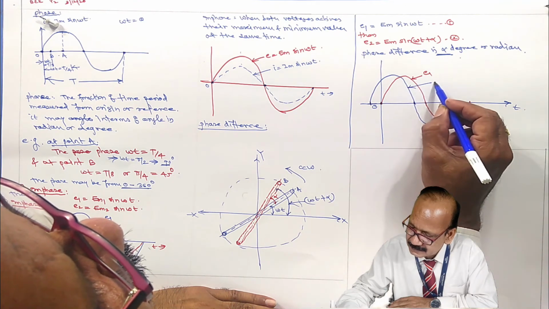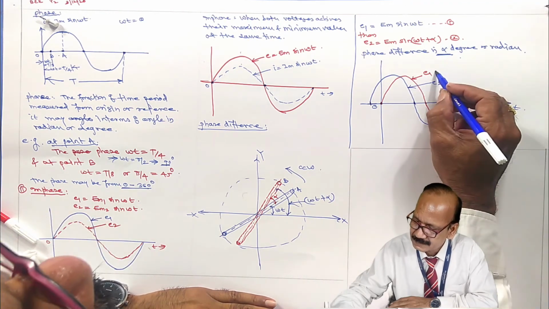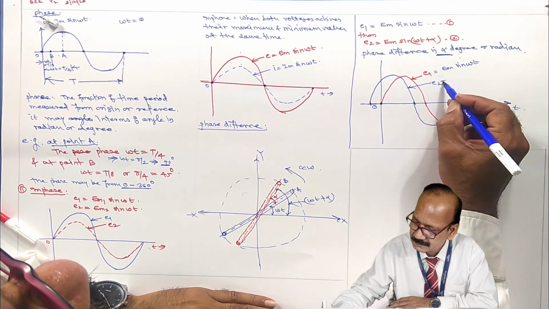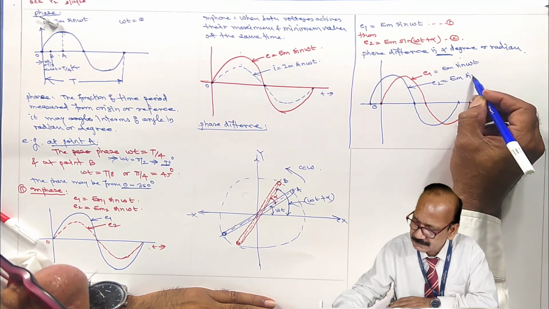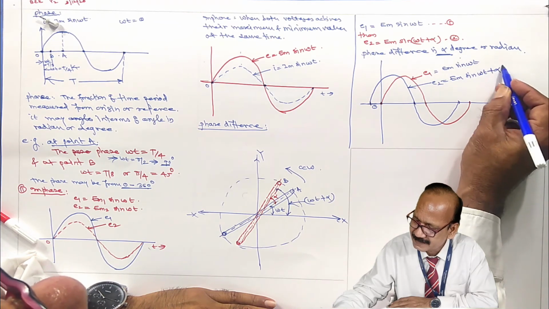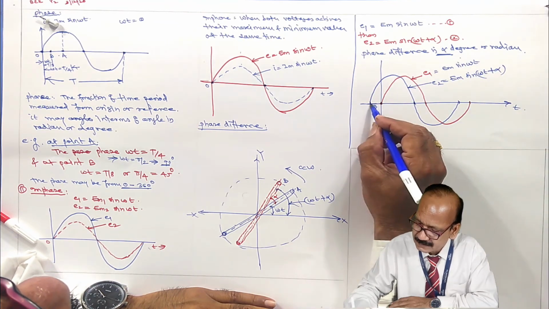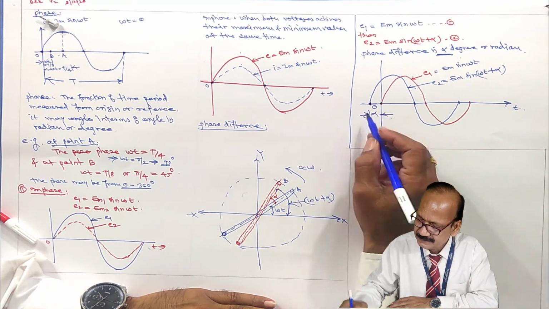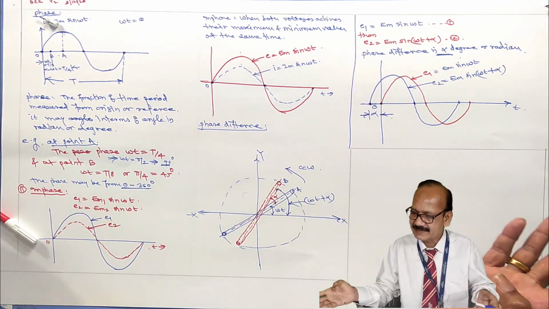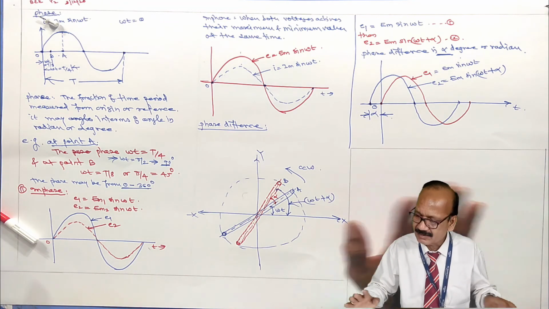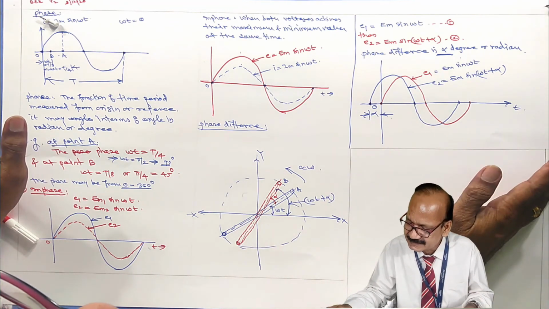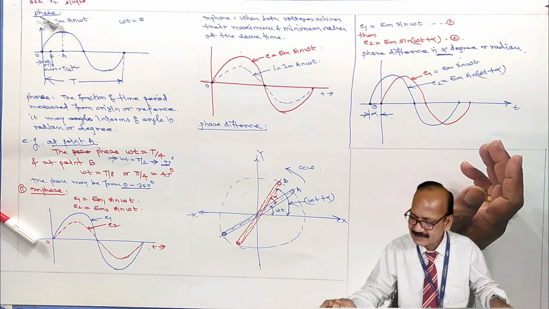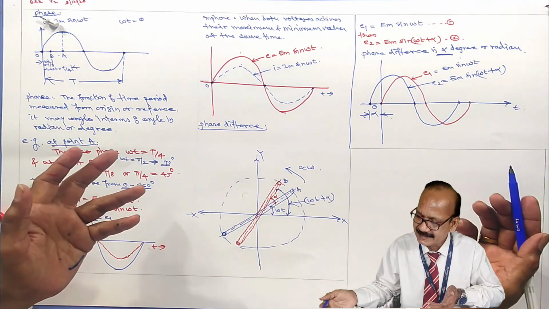This is E2, sin (omega t plus alpha). So here the phase difference is alpha. And here both the quantities are not achieving their maximum and minimum values at the same time. However, E2 achieves its maximum and minimum values earlier than E1.